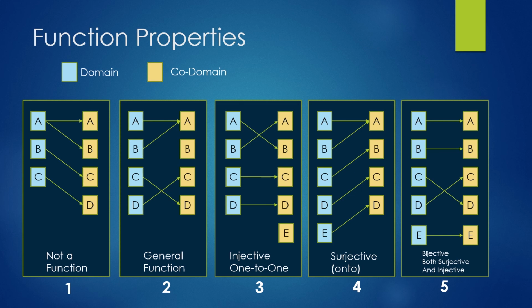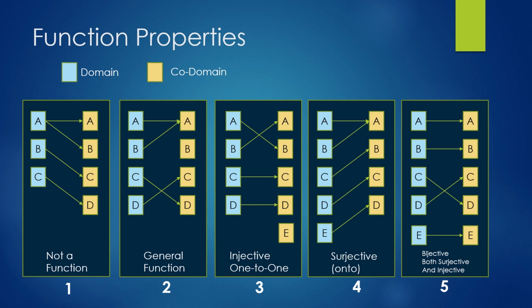So functions can be categorized by certain properties that they have. The first one here in column 1 is not a function. The reason it's not a function is, well, first of all, the small blue boxes are the domain, and the small yellow boxes are the codomain, members of the codomain more specifically, and members of the domain for the blue boxes.